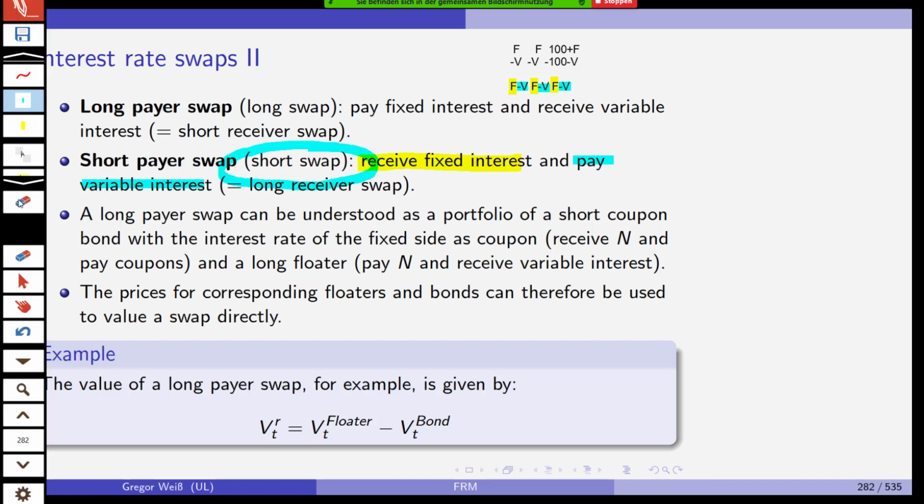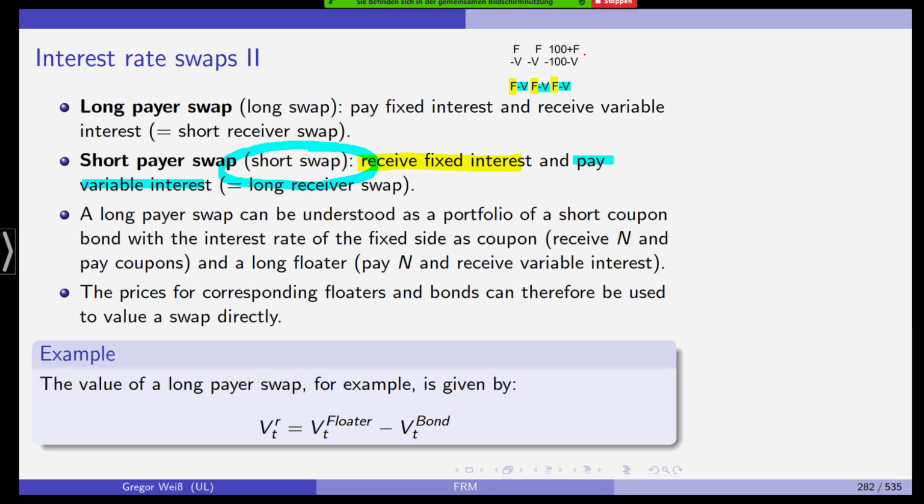And you can see here how valuation is done. We need to take the price of the coupon bond, and we need to take the price for the short floating rate note. And well, this is a short swap. Here you have it for a long payer swap. And if you subtract now the price of the floater from the bond, or vice versa, for a short or a long swap, we should get the price for a swap contract.